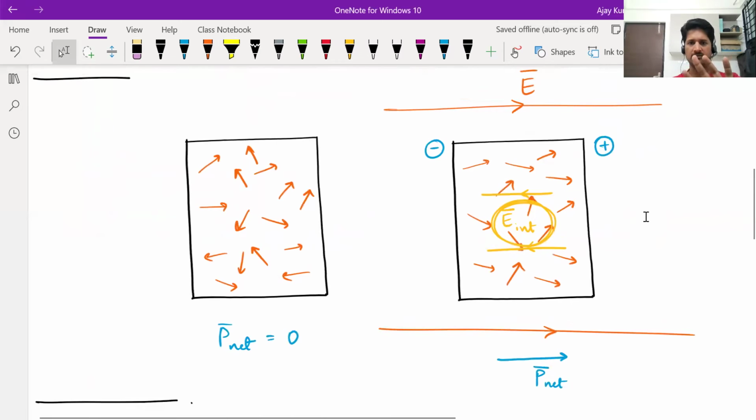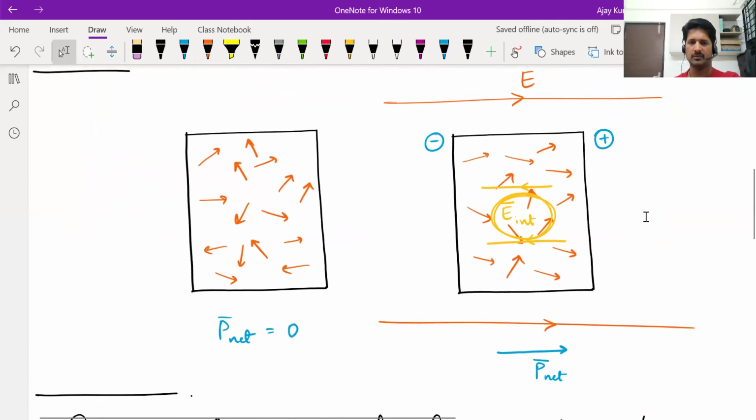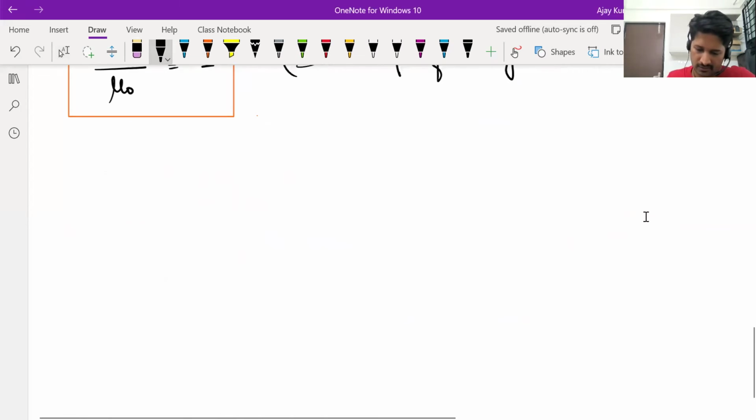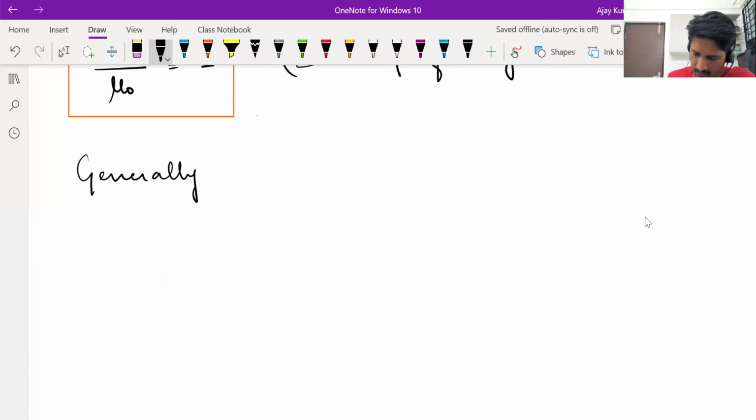Same thing happens in magnets also. Not exactly the same direction, but there is a relation. You will be able to understand. So generally, the intensity of magnetization is proportional to H, the magnetizing intensity. Or you can say internal field is proportional to external field.